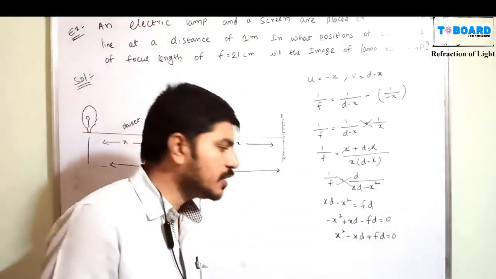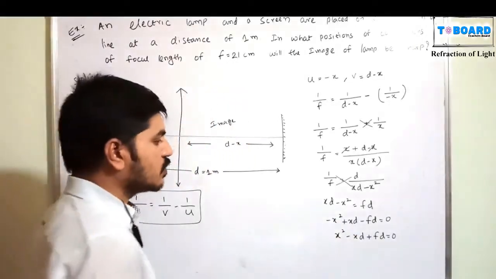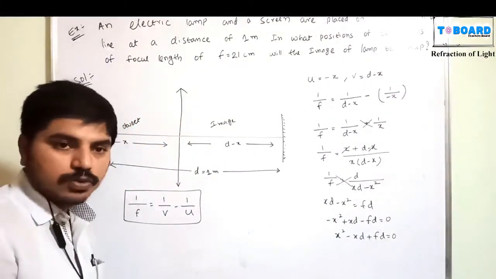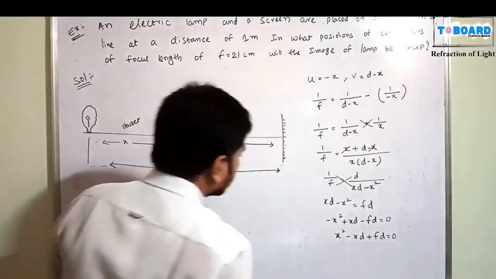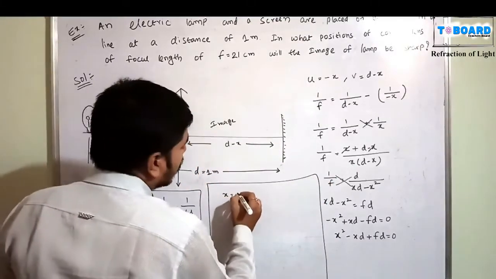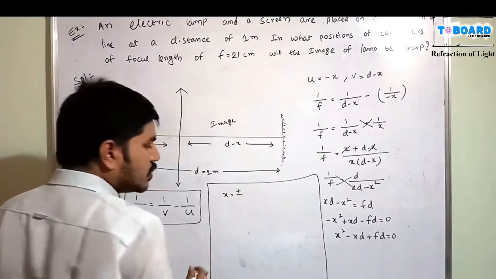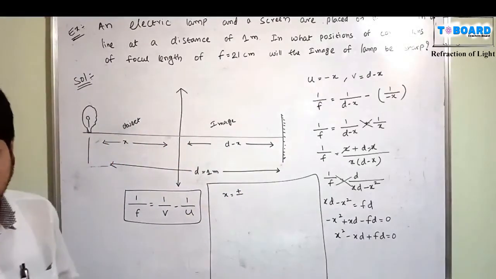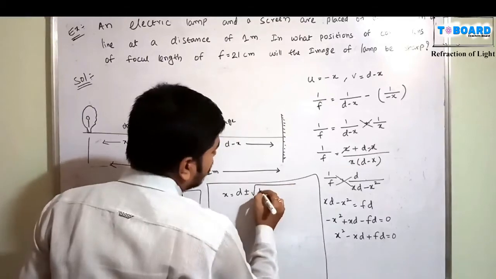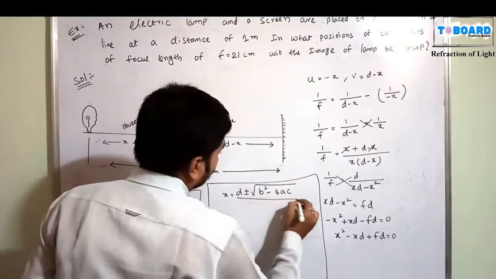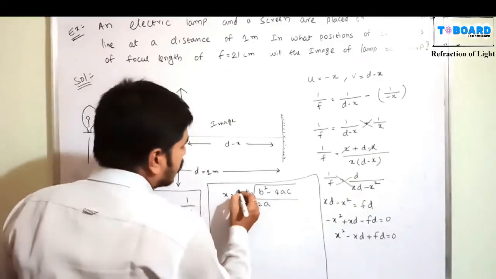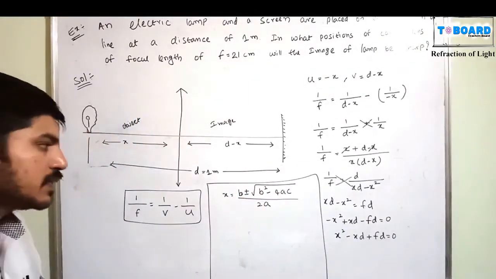According to coordinate geometry, from this equation, how do we find the x value? x is equal to minus b plus or minus under root of b square minus 4ac, by 2a.